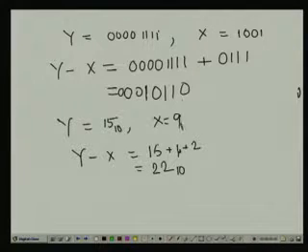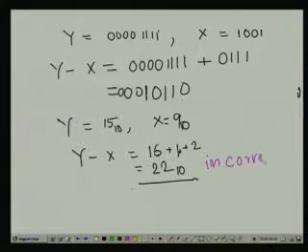See, I have two numbers, y equal to 15 and x equal to 9, and when I have taken the difference I got 22. 15 minus 9 is 22? So, this is an incorrect result. Why? What mistake have I done?